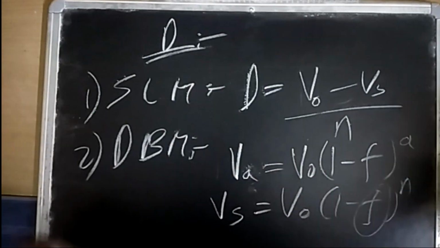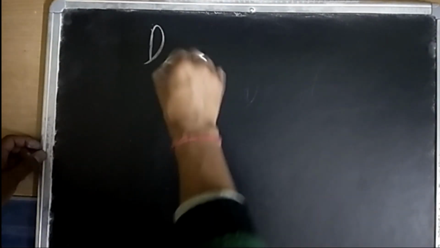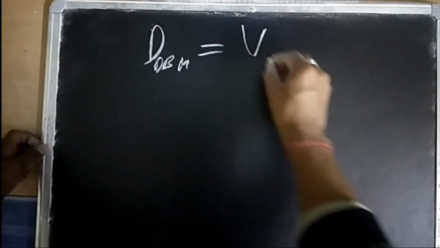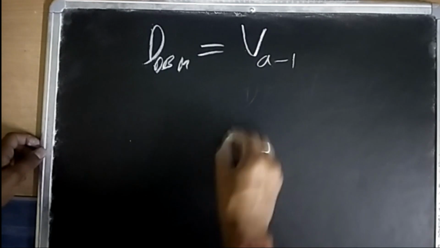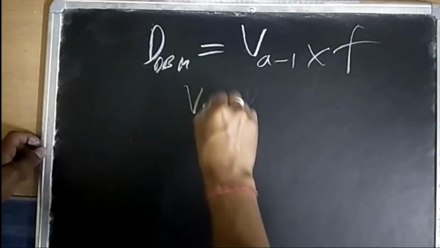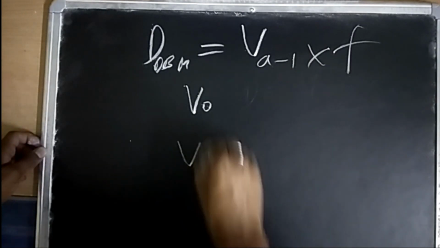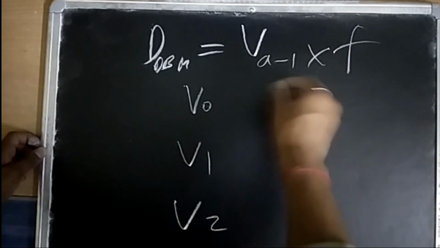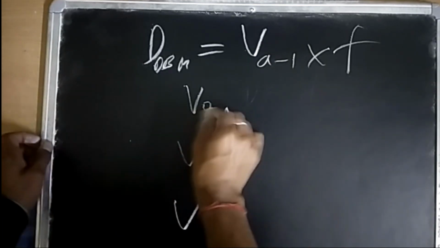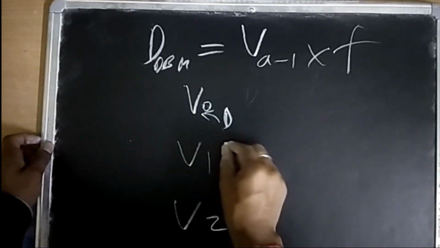But in DBM, the declining balance method, how do you find the depreciation? Depreciation in the DBM is nothing but V of the previous year into F. Let's say V0, V1, V2. This D would be on the basis of V naught, the previous year.